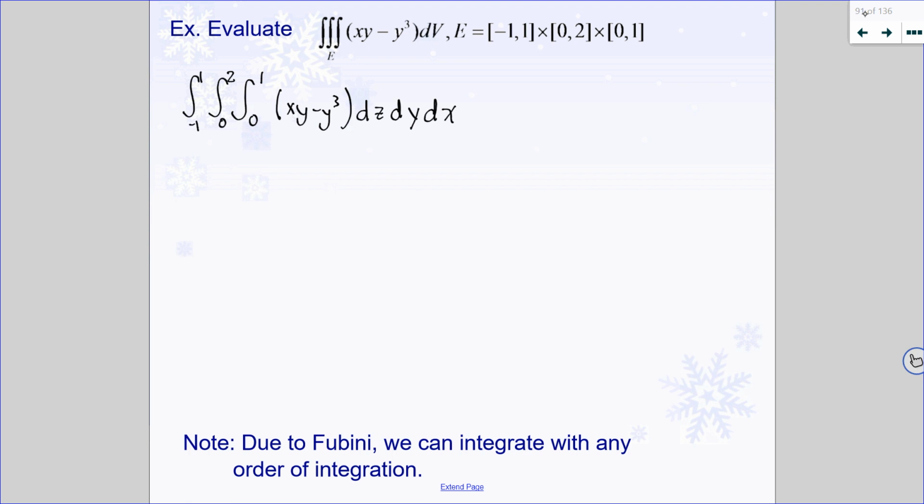Now, I could have chosen any order that I wanted first. I chose to do dz on the inside because my integrand had no z's.